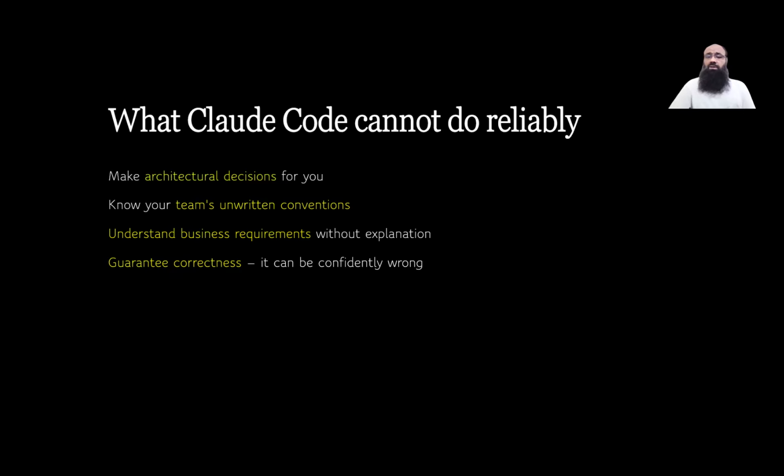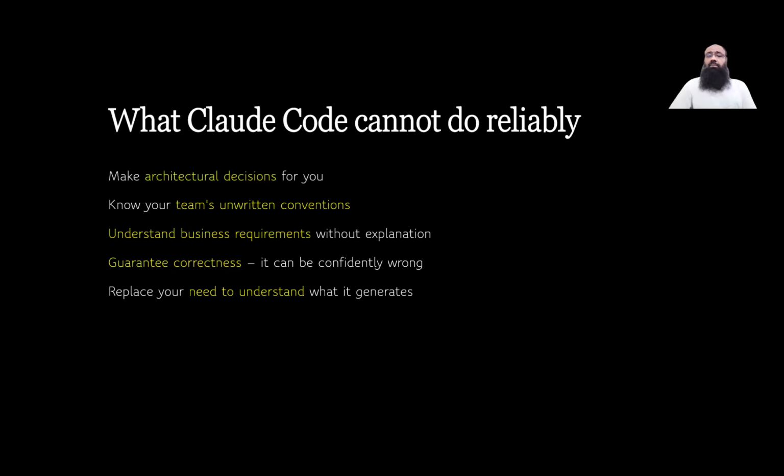But it's possible that it's a confidently wrong decision on the part of the AI tool, because it doesn't know the whole picture. If you are not taking keen interest in guaranteeing this correctness, you are going to be in a very difficult situation.